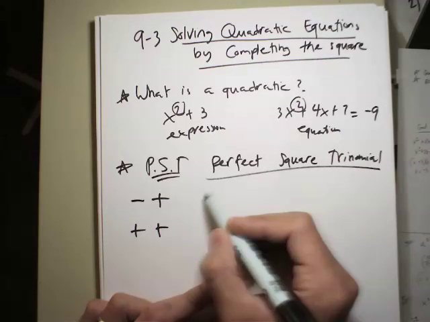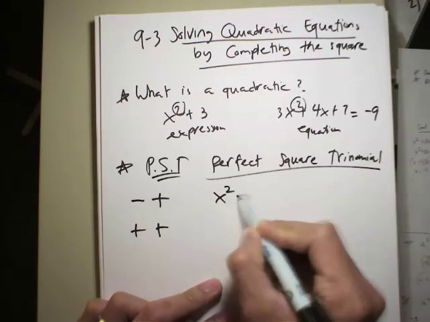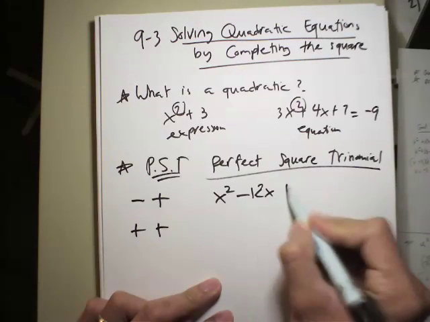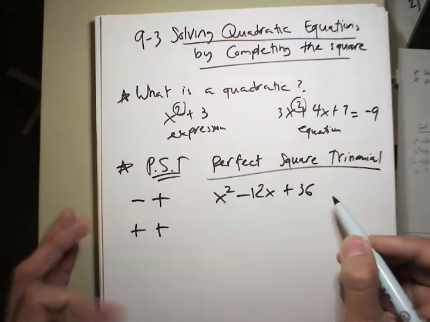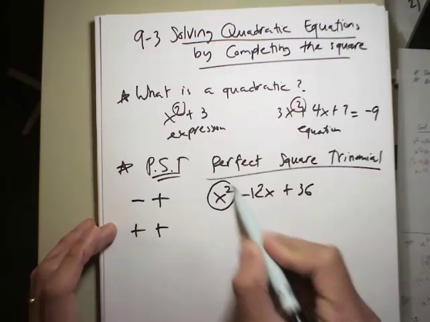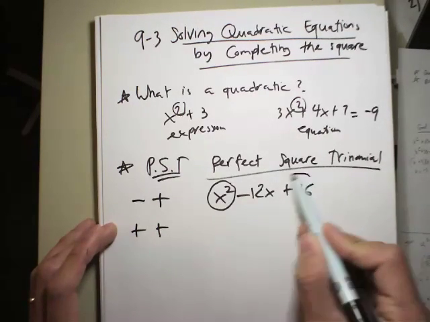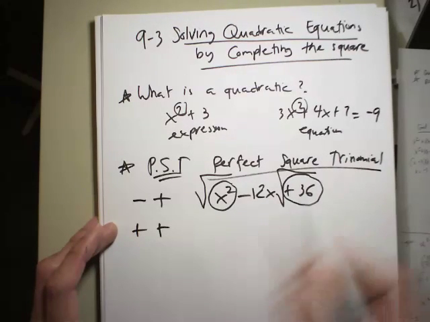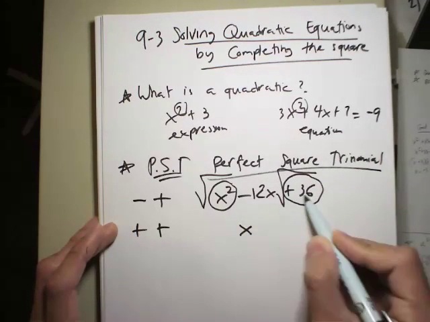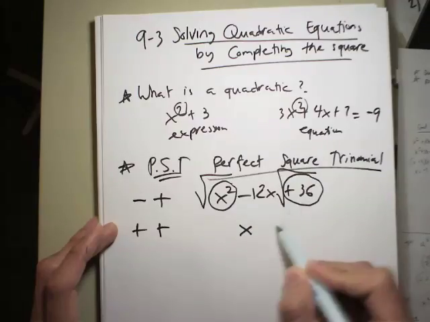A good example of this would be something like x squared minus 12x plus 36. Now, I call this a PST for a reason. If you look closely enough, we have here a square. We have here a perfect square term as well. If we take the square root of both right here, we would end up with x, and we end up with positive 6, right? Yes.